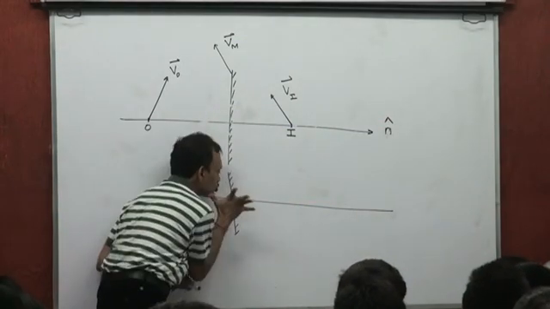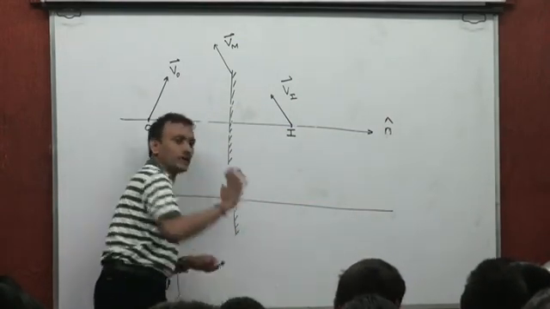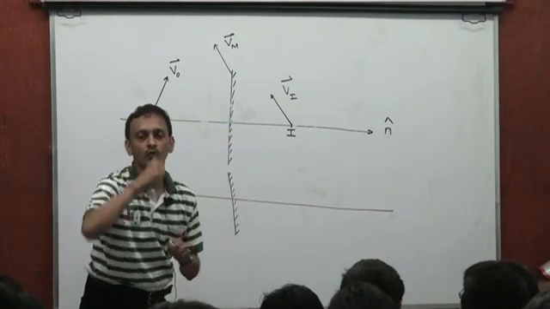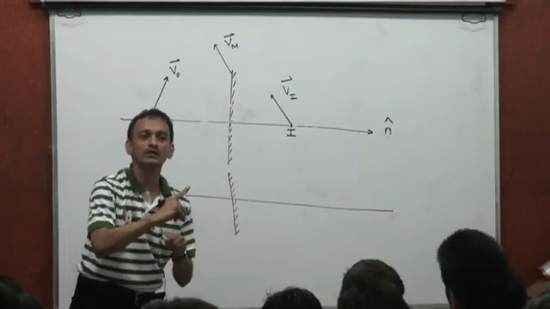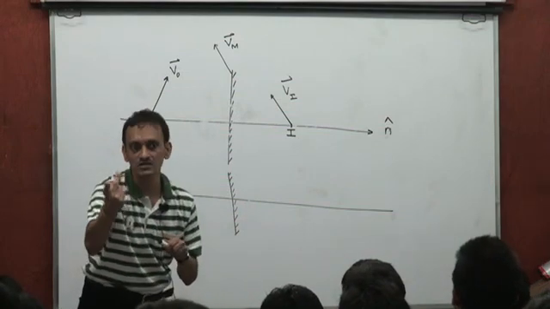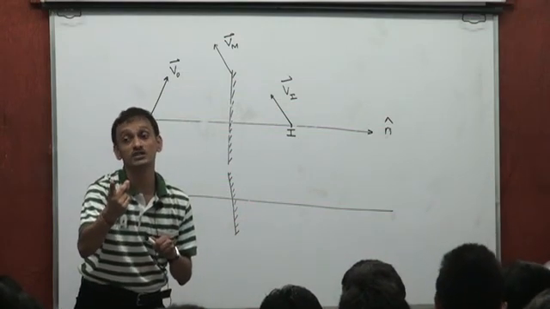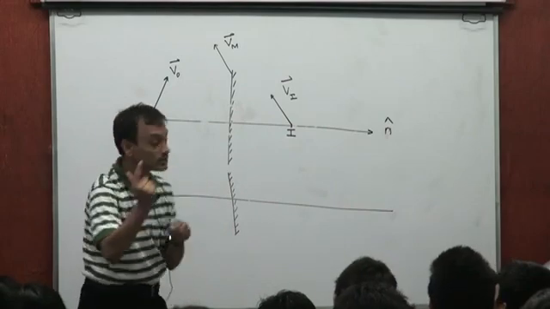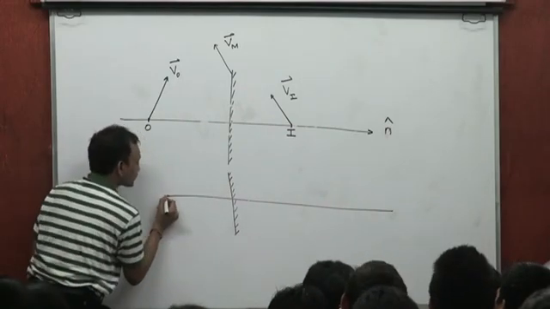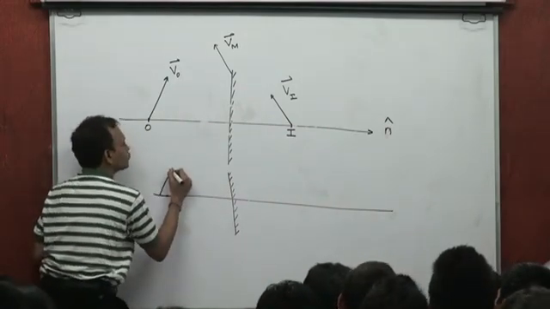So, if I choose to create an equivalent situation where I hold the mirror at rest, then it's important that I make amends to the velocity of the object and the image, right? What would the mirror see?